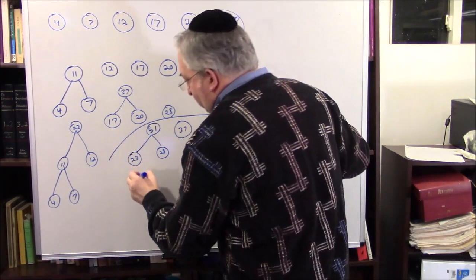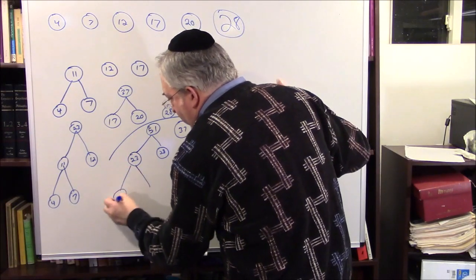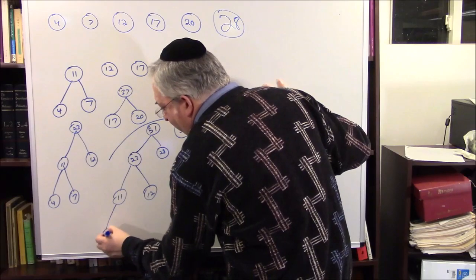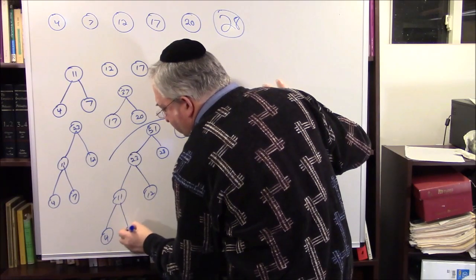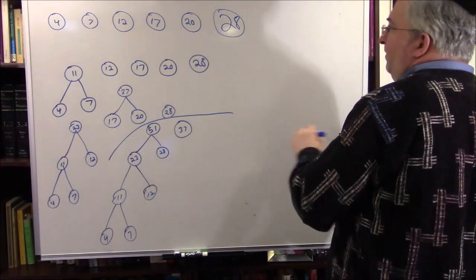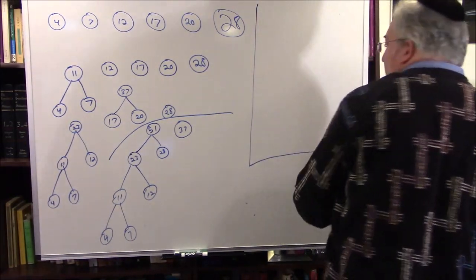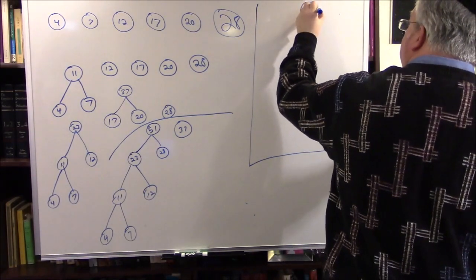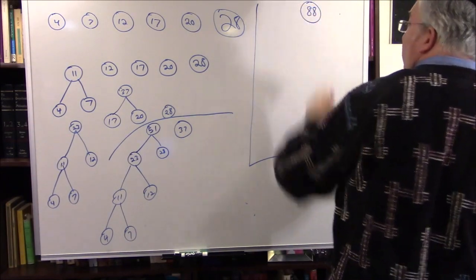Let's just fill in the 23. The 23 is 11 and 12, and 4 and 7. Now I'm going to bring those together and make my final tree. The final tree is going to be 88 because there are 88,000 letters in my thing.